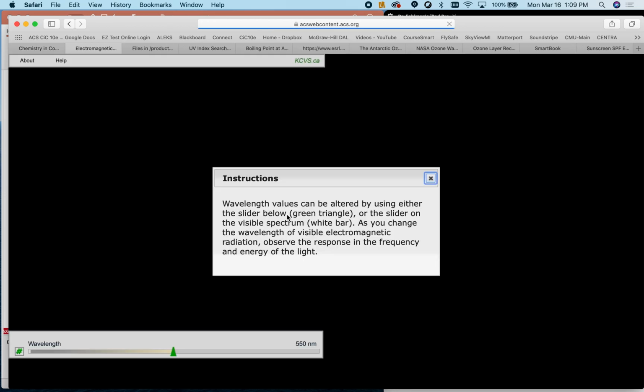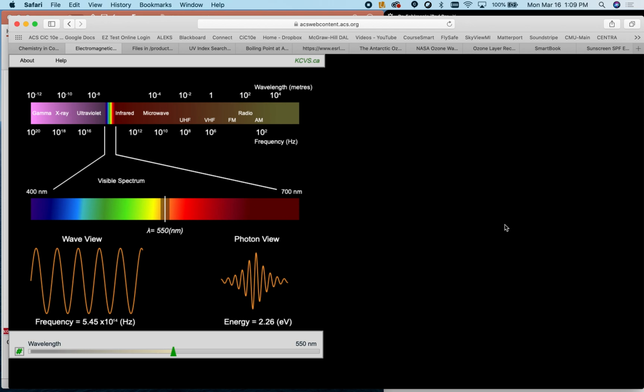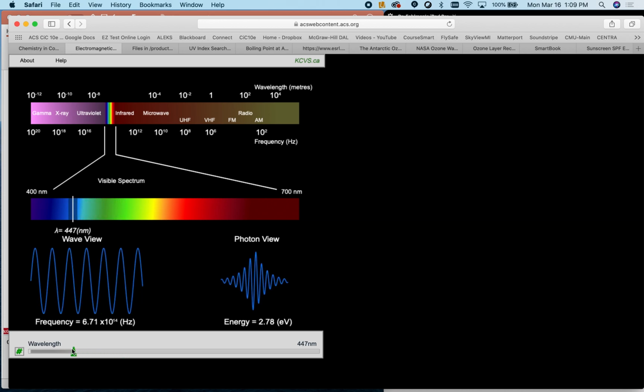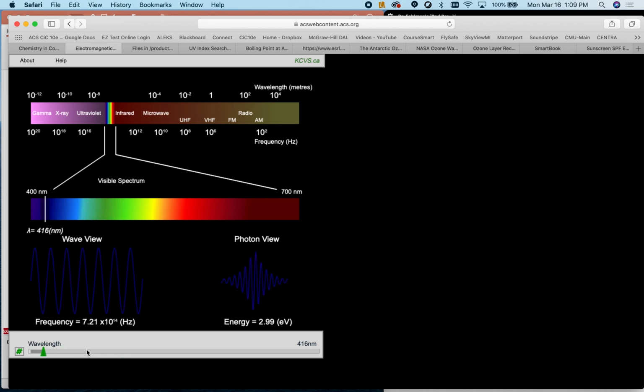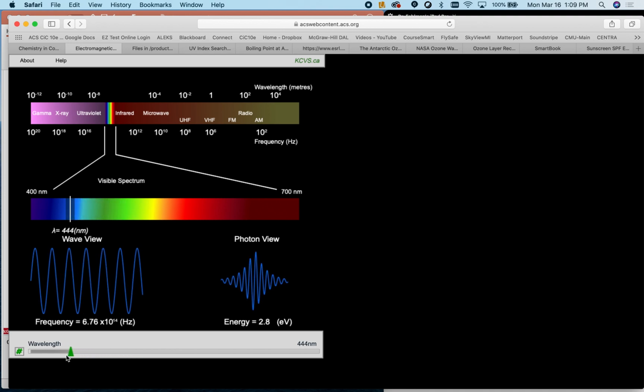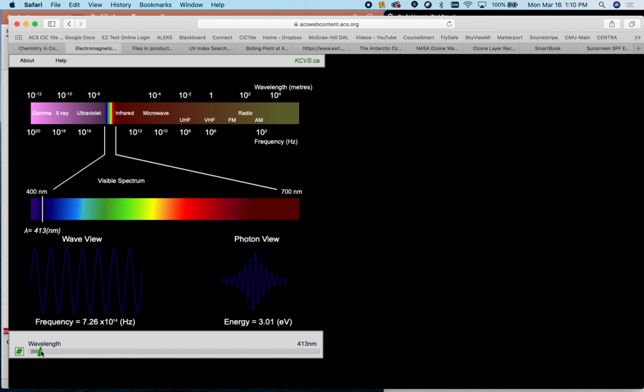The first one I want to show you is the electromagnetic spectrum. And this is kind of cool, that you can get the inverse relationship between frequency and wavelength. You just drag this bottom green triangle and you can see, as you're dragging it toward the blue, then frequency is going up. Energy is also going up, and it's in units of electron volts.